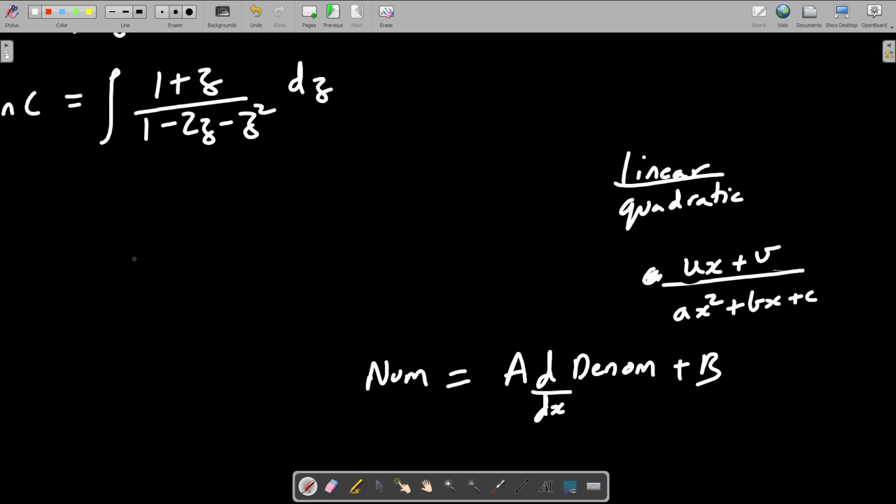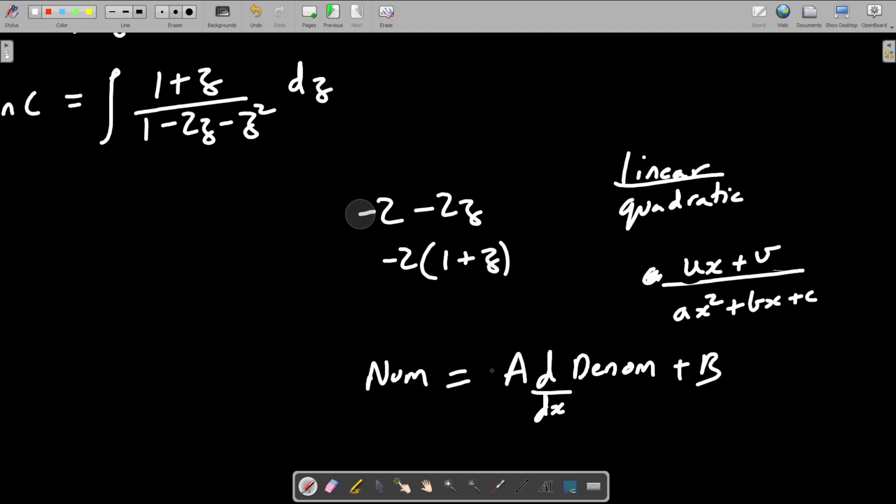What's the derivative of the denominator anyways for this problem? It will become minus 2 minus 2z. Right? If you take minus 2 common, what will you get? So what can you say? The numerator is actually minus 2 times the derivative of the denominator, right?